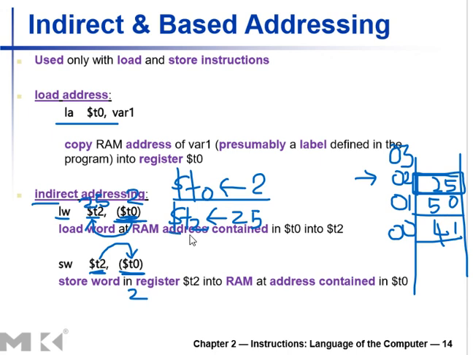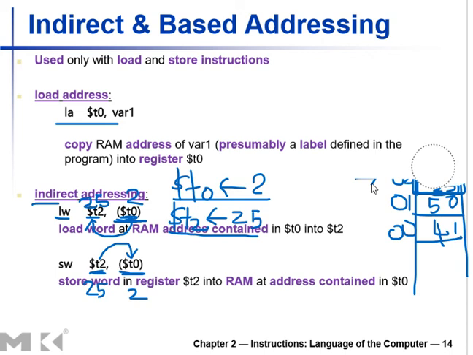Let's assume register T2 is containing 25. So move the 25 to this address. Go to the address 2, write 25 here. It's already 25, but I'm just telling you that you move the content 25 to the address.